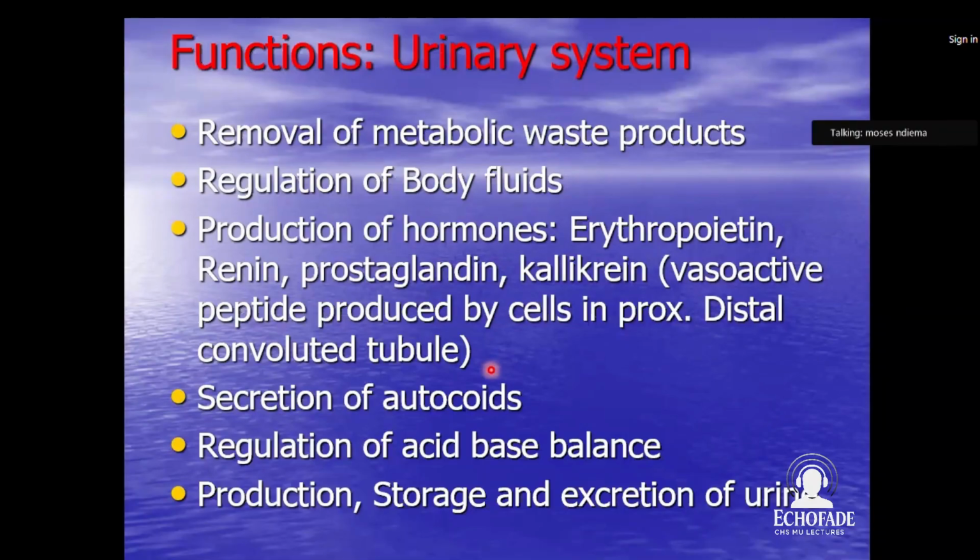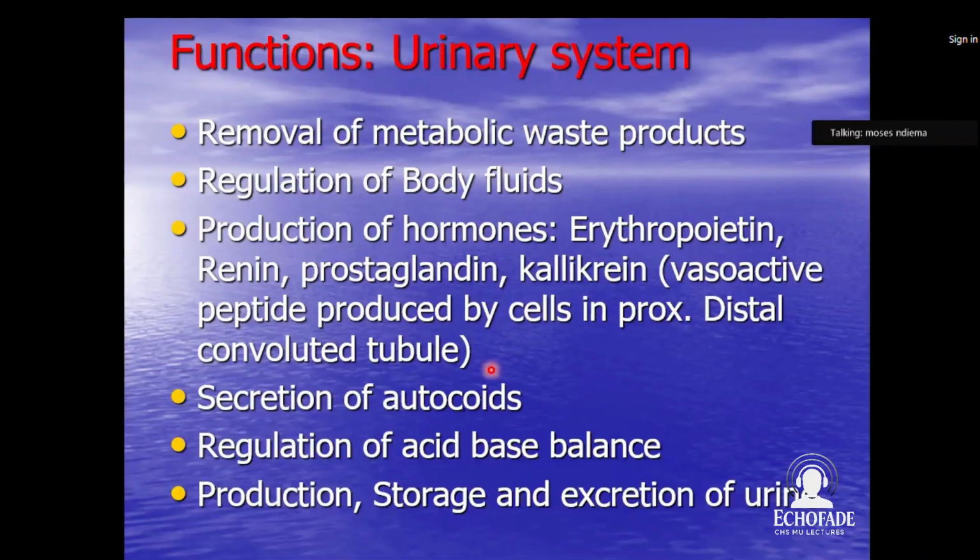That is during the ultrafiltration. Out of that, over 99% is reabsorbed. So you have something like 1.2 liters of urine being produced per day, whereas 180 liters was actually filtered as primary urine.